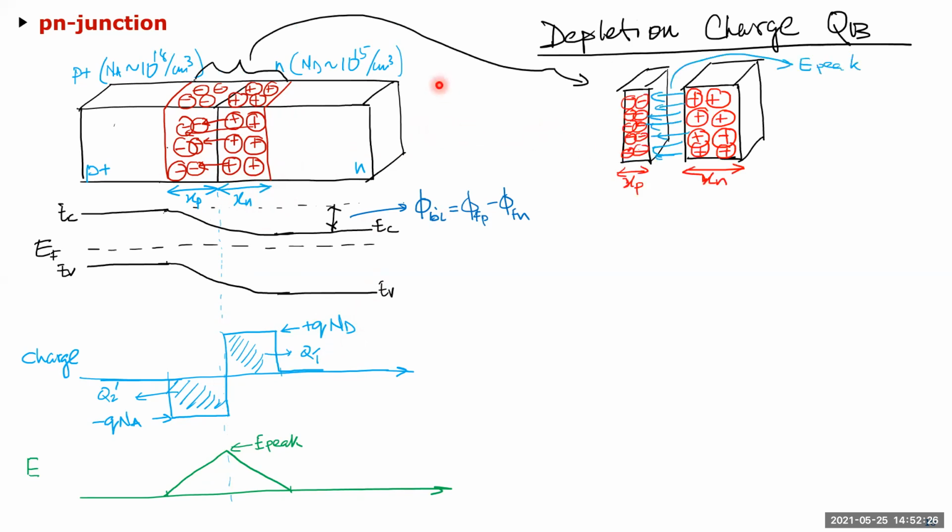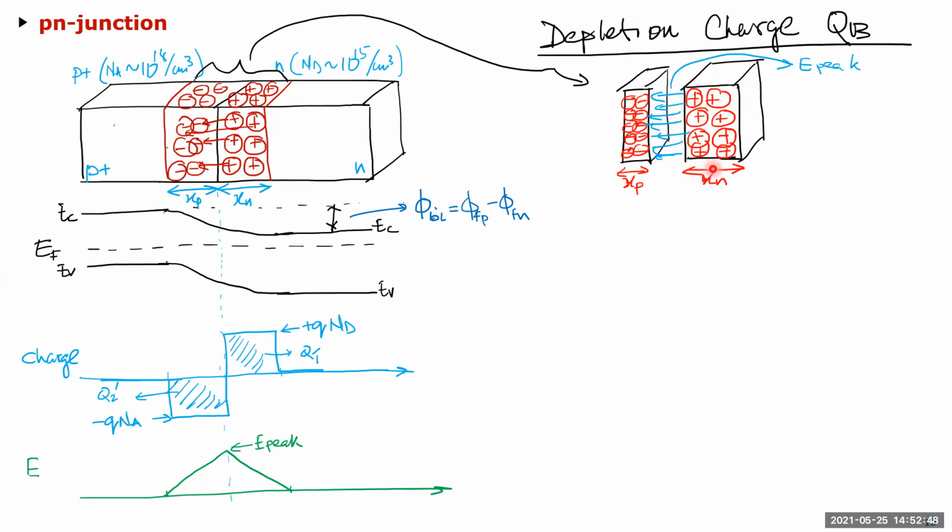Okay, so I'm just taking the slice of just the immobile charge area. So we have a depletion charge of all the positive charges, which is where all the electrons have gone to this side, and this is the negative charges, right? As I showed here, the peak electric field is right in the middle here.